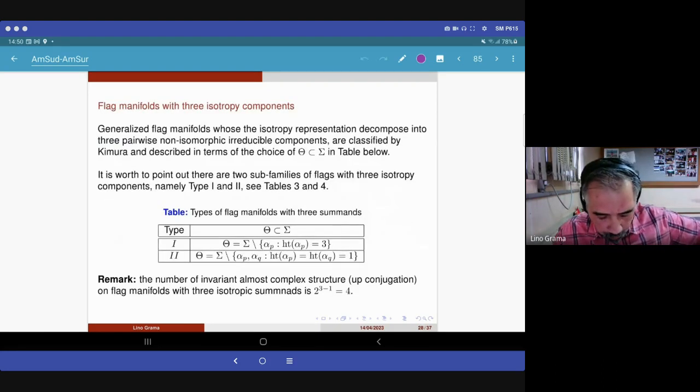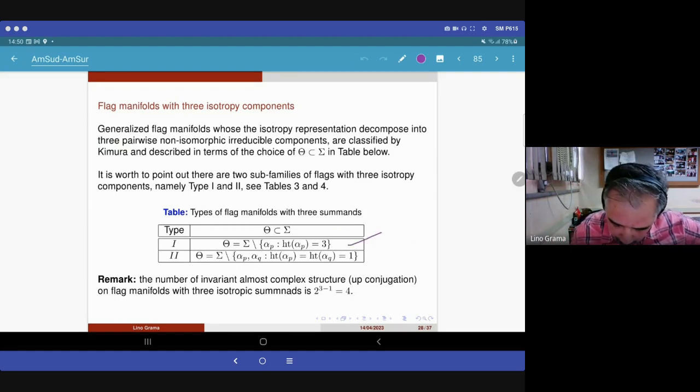Now with three components. For three components, we have two subfamilies. One is very similar to the two components case, but we need to pick a simple root with height 3. Or we need to pick two simple roots with height 1.